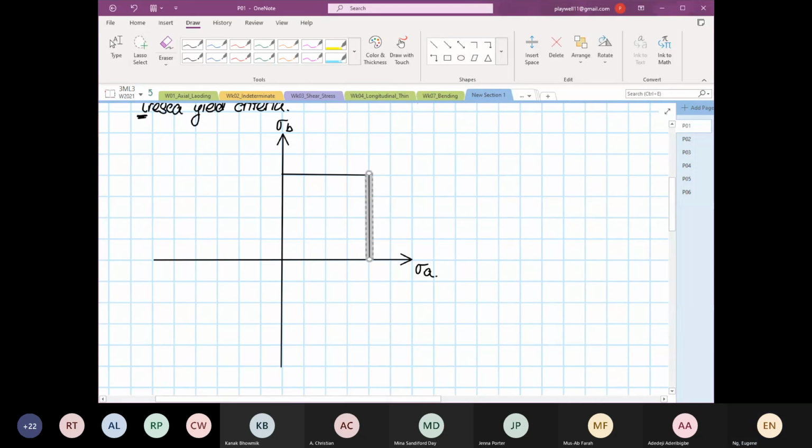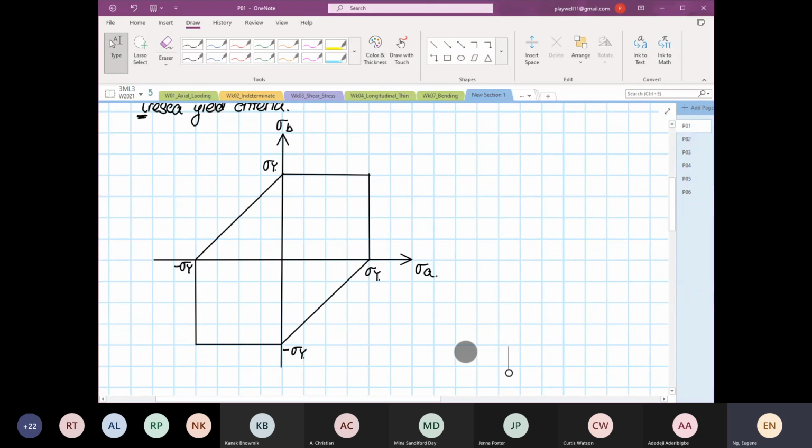As you can see, I'm drawing lines now. And these lines, there are reasons for it. I'm not drawing it for fun. So what you see down here, if I were to label them, this is stress Y. Over here is stress Y. Over here is minus stress Y. And over here is minus stress Y.